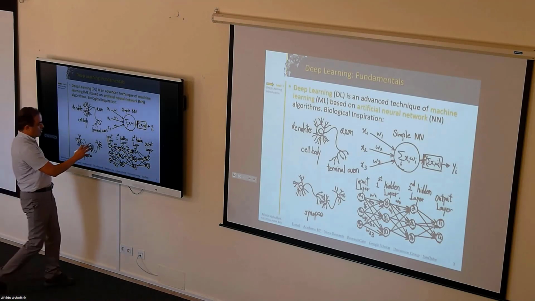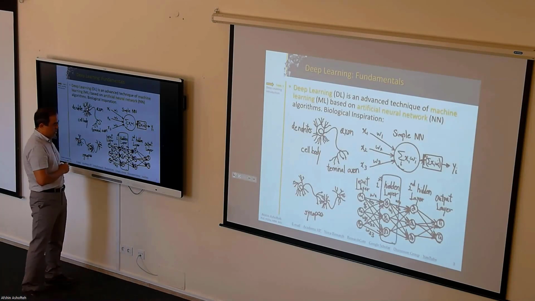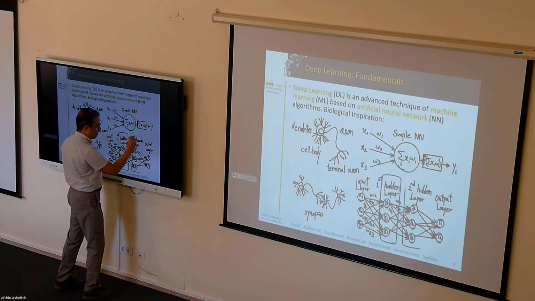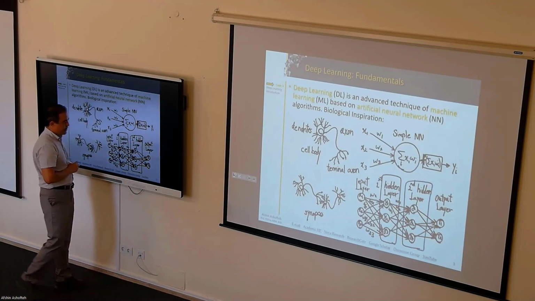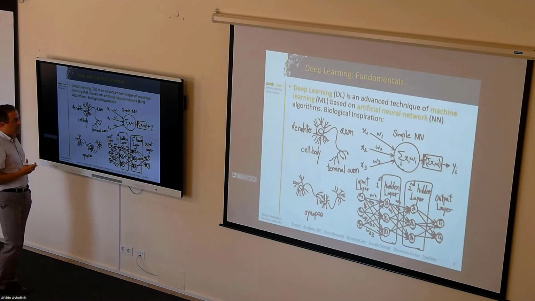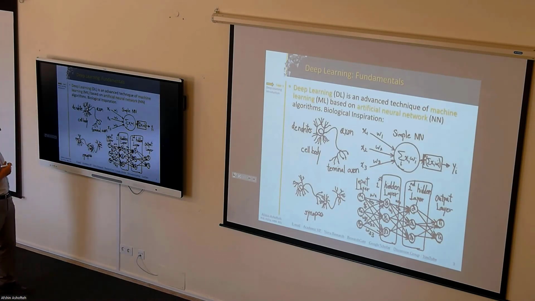So here, not only considering one layer in between for doing the calculation, we can have also the second layer till we get a good output from our deep learning model or the neural network model with the several layers.